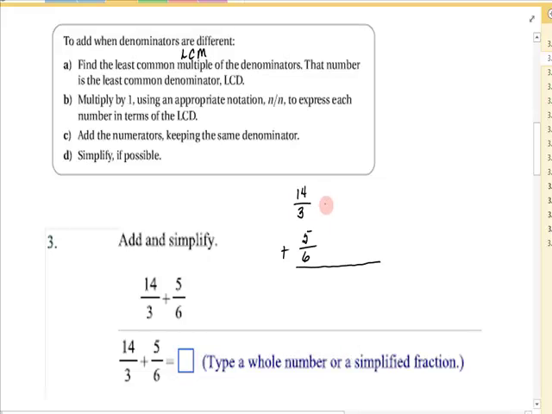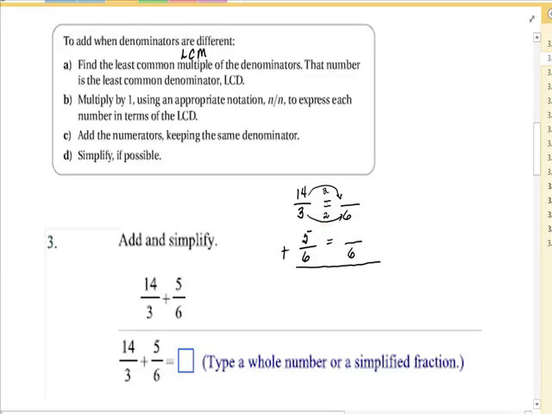All right, so common denominator of 6. This is where I write it a little differently than your book does, but what I do is say, what do you have to multiply 3 by to turn it into 6? The answer is 2. So do the same thing with the top. So you are really multiplying by 2/2, which is the number 1.